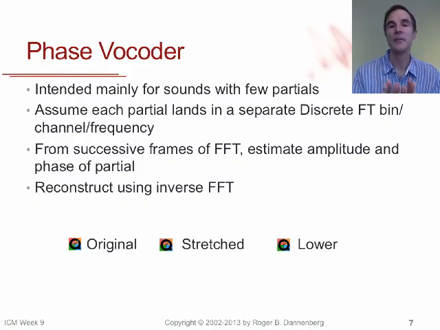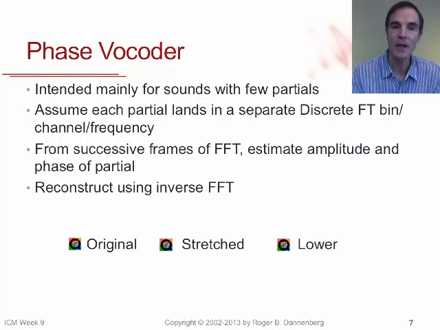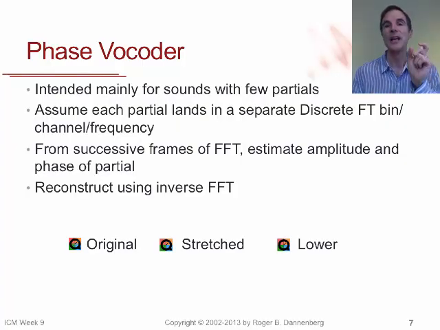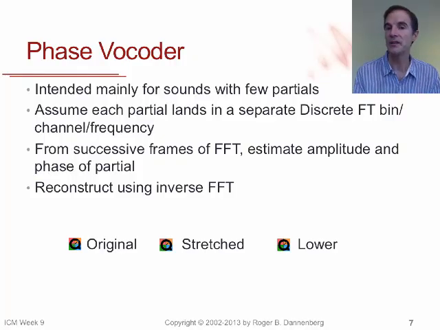If these partials are well separated, then the Fourier transform can accurately analyze each partial. And so what the phase vocoder does is take each partial and estimate the amplitude and phase of the partial, and then it does a reconstruction using an inverse fast Fourier transform.